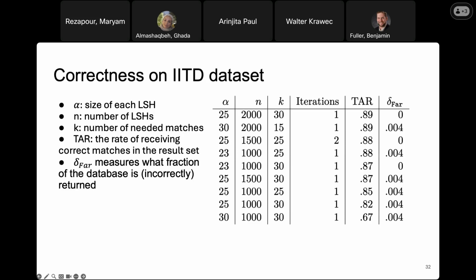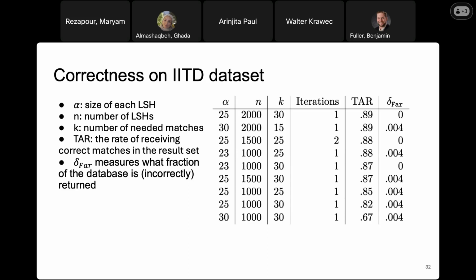So if alpha is 25, we are concatenating 25 LSH outputs together, and in order to count it as an equal LSH evaluation, all these 25 places should be the same. So it's a higher restriction, yes. With 30 you need all 30 to match, but with 25 it's lower.